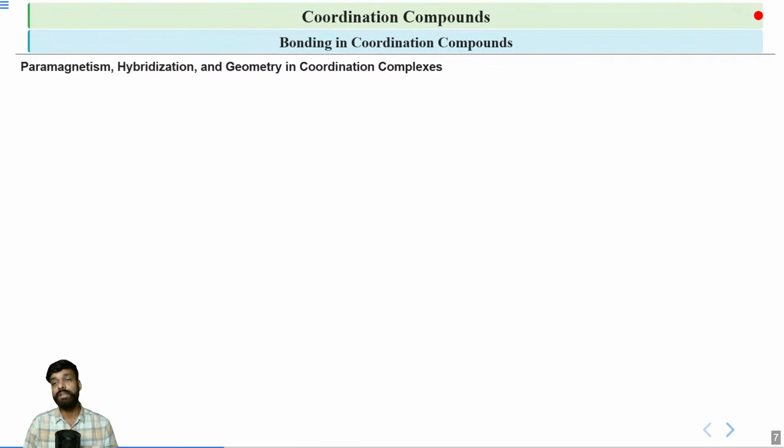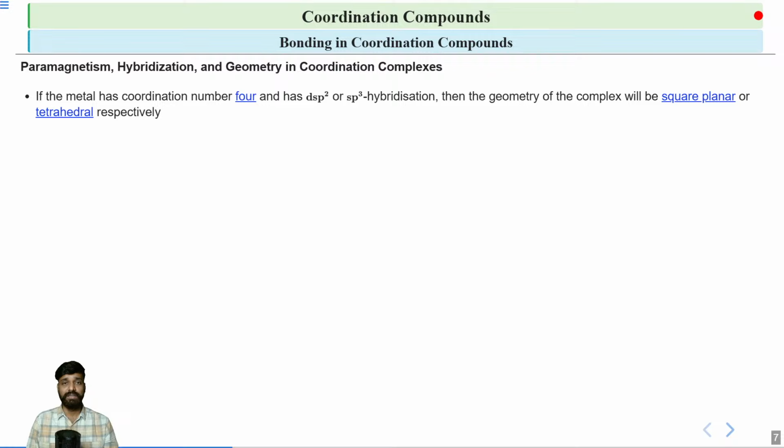Next, as I said earlier, paired electrons are the reason that it forms your, what? It forms your diamagnetic compound, and paramagnetic compounds are formed from the unpaired electrons. Now next, moving on to the next kind of hybridization, which involves dsp2 and sp3.